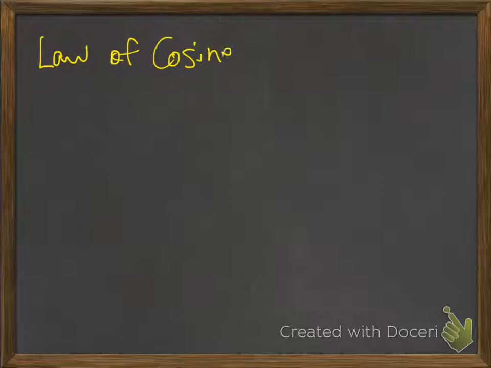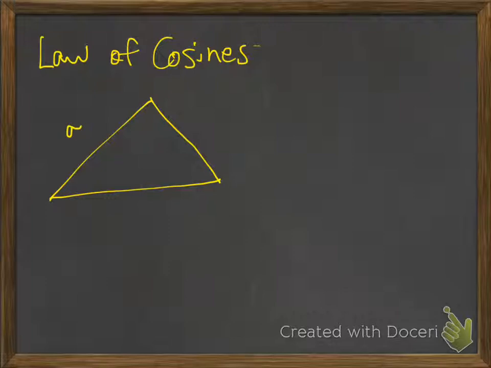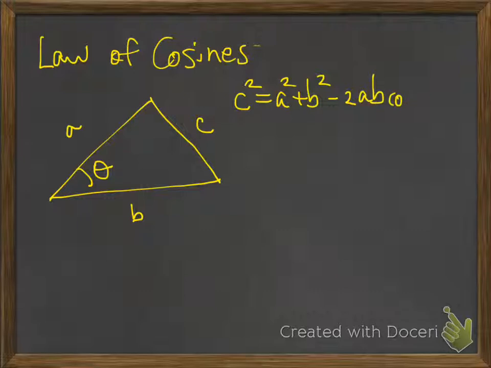If we have a triangle, and we'll say this is side A, length A, this is length B, and that's length C, and this is the angle theta between A and B, then we can find the length C. C squared is equal to A squared plus B squared minus twice AB cosine of theta. Alright, that's something that we need to remember from our earlier days.